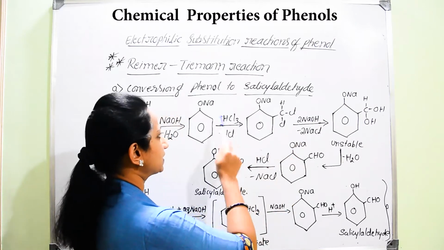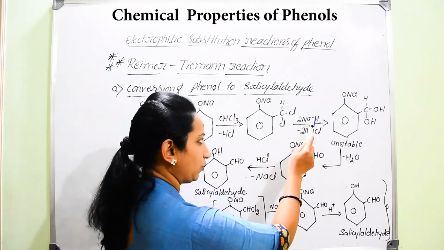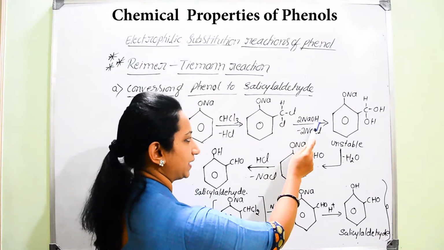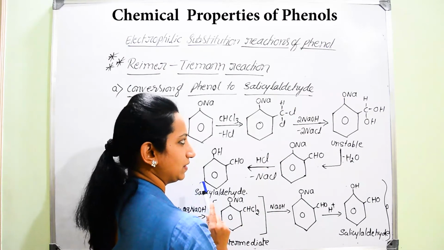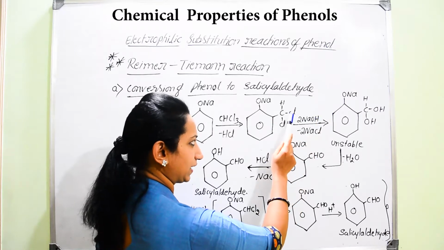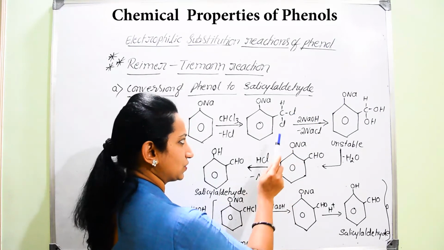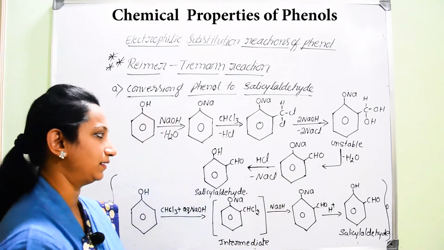Again, there is sodium hydroxide in the reaction mixture. Now, NaOH, sodium hydroxide, will interact with these two chlorine atoms. So 2 NaOH will interact with 2 Cl. Here Na combines with Cl to give NaCl.